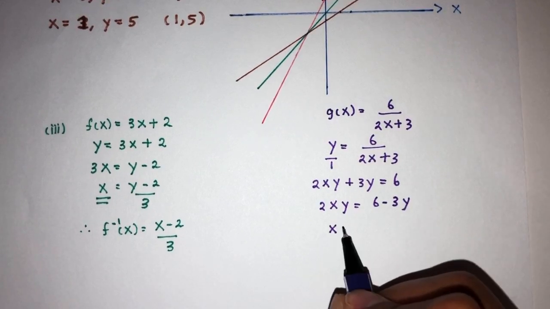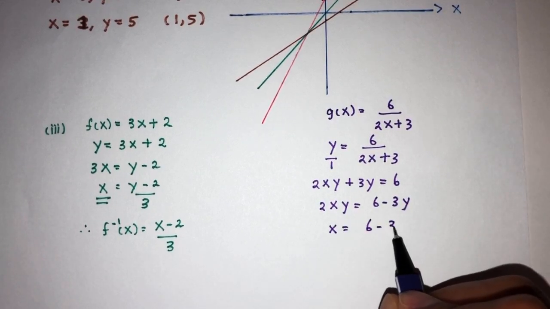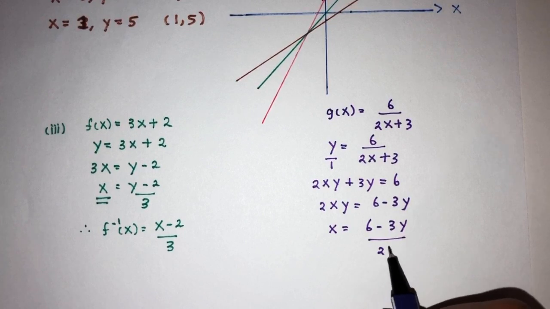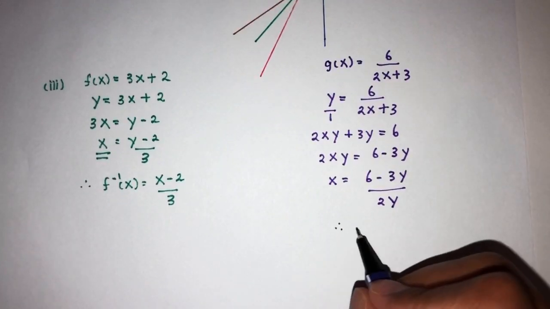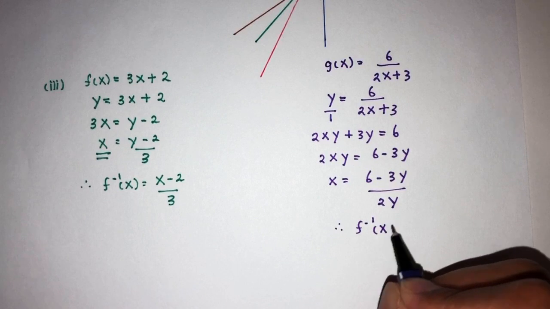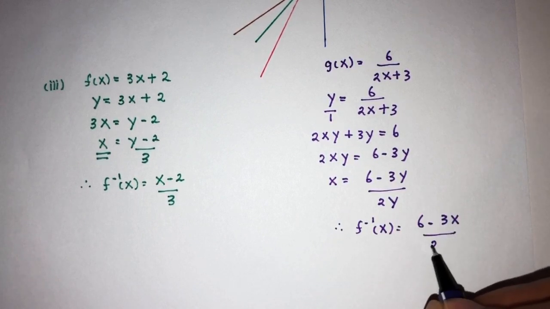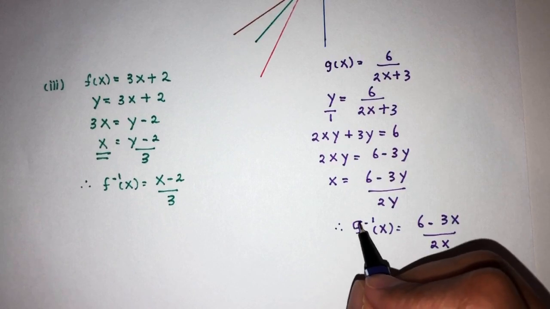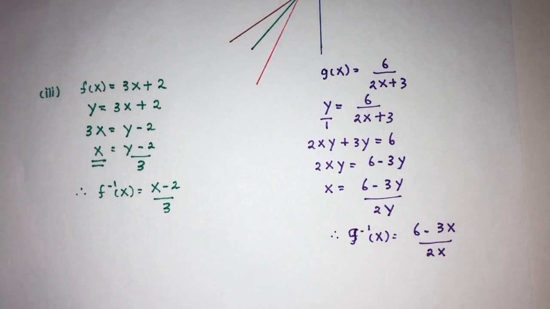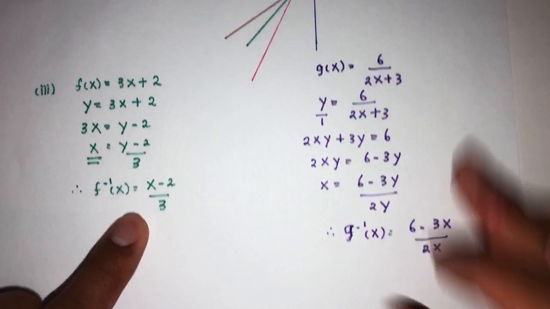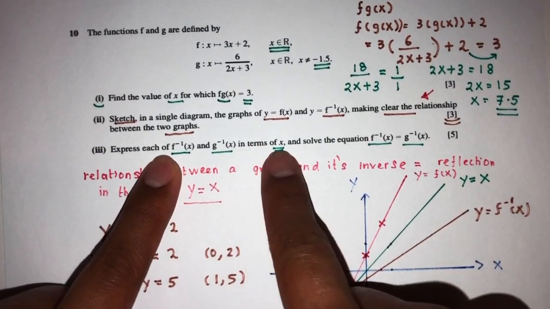So x will become 6 minus 3y divided by 2y. So finally, g inverse, in terms of x, will be 6 minus 3x over 2x. This is g inverse of x. So now we have those two as required here, express those two in terms of x, done.